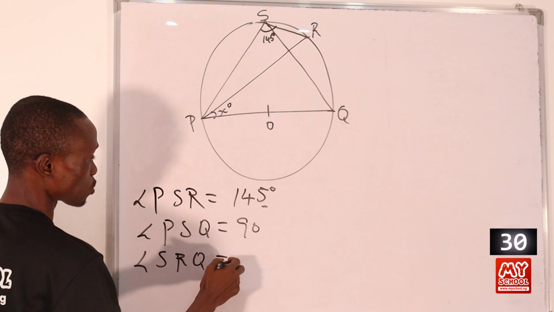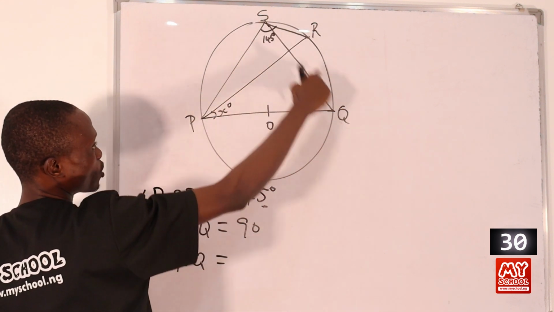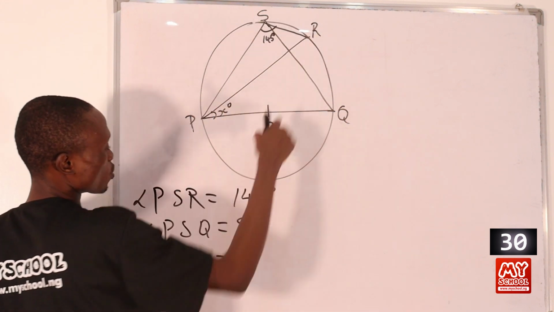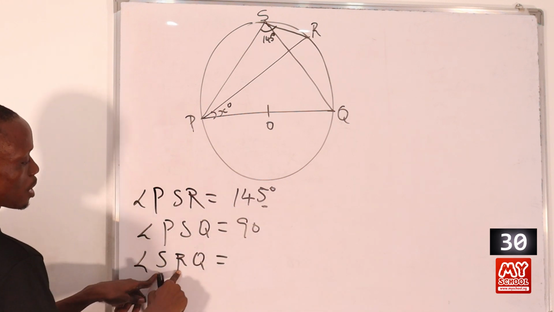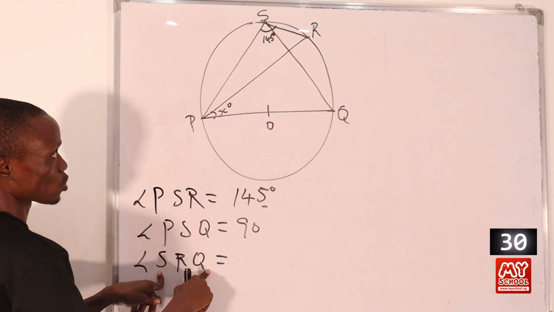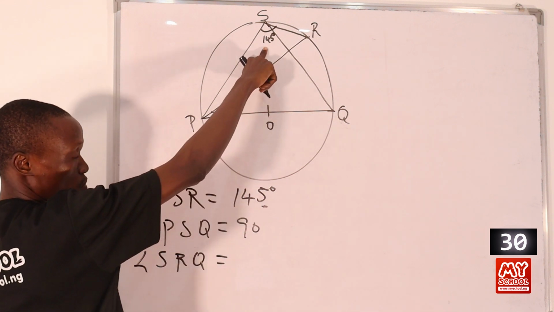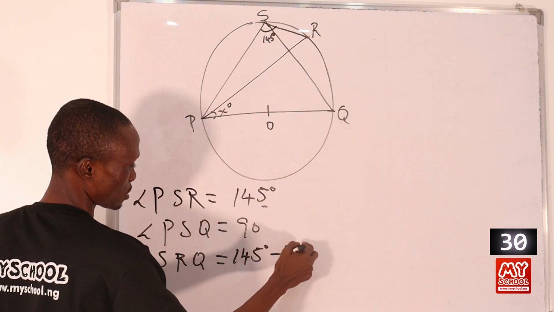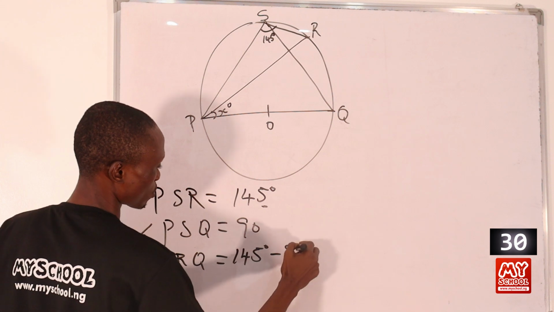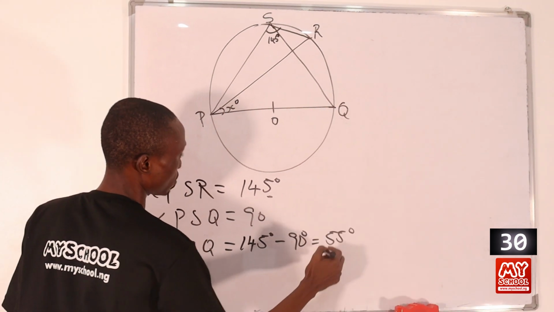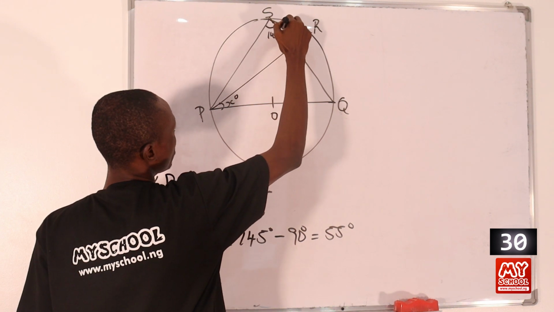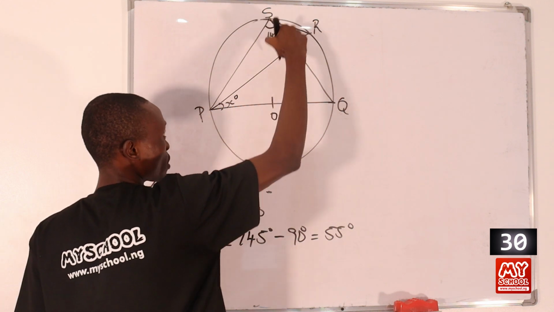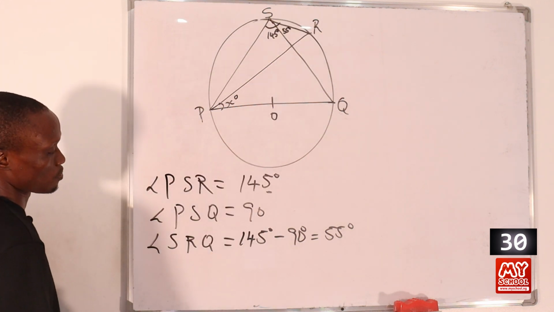Since PSQ is equals to 90 degrees and PSR is equals to 145 degrees, for us to get SRQ, what we simply do is to subtract 90 from 145 degrees. So here we'll be having 145 degrees minus 90 degrees, that will give us 55 degrees. So the angle that we have here is 55 degrees, while this remaining part is actually 90 degrees, so that if we add it together, we'll be having 145 degrees.